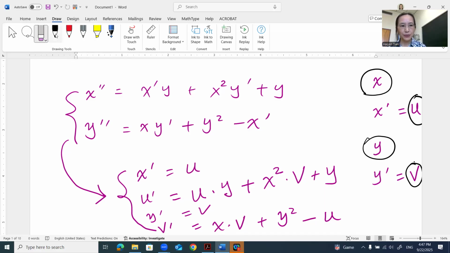But be careful. When we have the first order equations, you see x, u, y, v are our new entries of the system. So we should be aware that the right hand side will involve x, y, u, v. But all the derivatives will be replaced by u or v.